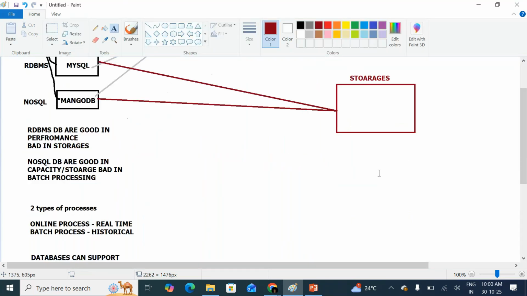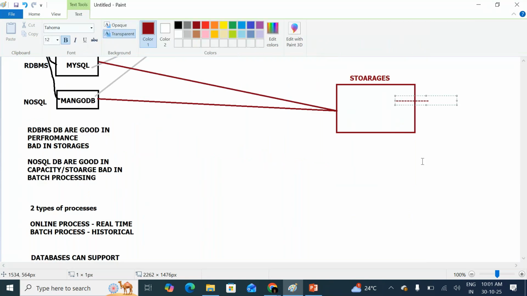Let's say, for example, did you hear about storages in the earlier 90s and 2000s? We used to store the data in magnetic tapes. After that, they used to store the data in floppy disks, and after that in CDs and DVDs.